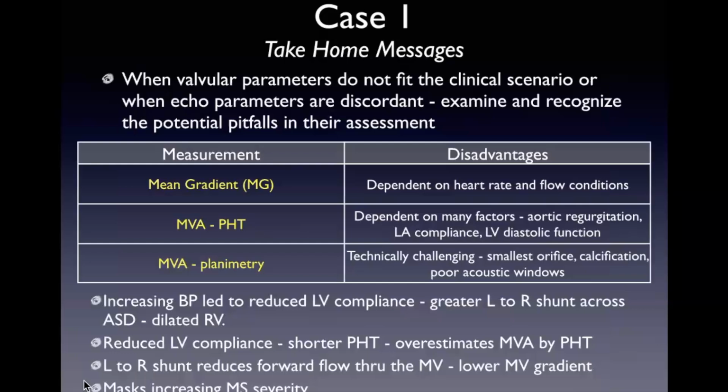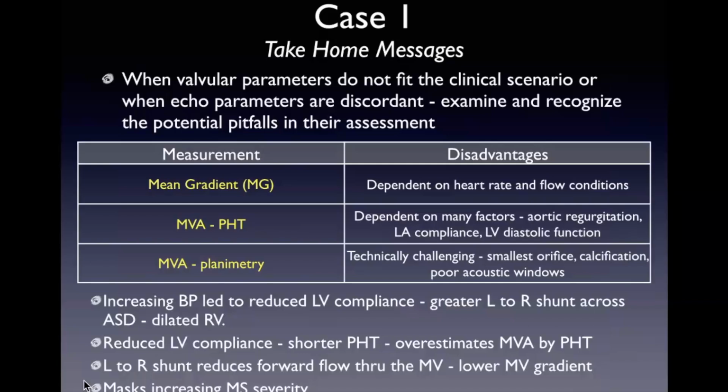So this patient went on to have mitral valve replacement, closure of the ASD, and a tricuspid annuloplasty ring, and did well. So the take-home message is, when valve parameters don't fit the clinical scenario, or when the echo parameters are discordant, you have to examine and recognize all the potential pitfalls of these measurements and assessments.